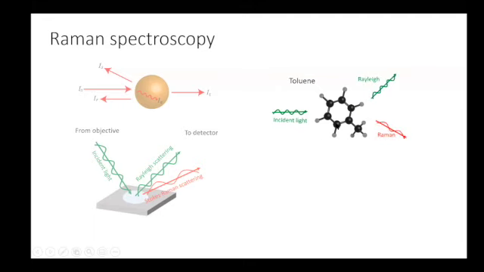Let me give you an example. Here we have a molecule, for instance toluene. When a laser interacts with the molecule, we will have light scattered in different ways. We can collect the Raman light, and then we will see a signal like this one, which we call the Raman spectrum. This Raman spectrum is specific to the toluene molecule, but other molecules will have a different Raman spectrum, with different peaks at different locations.